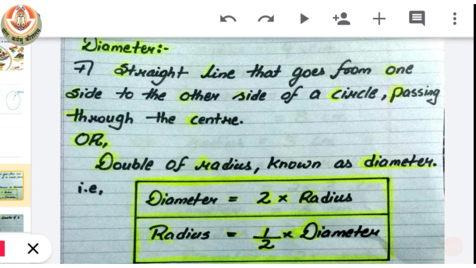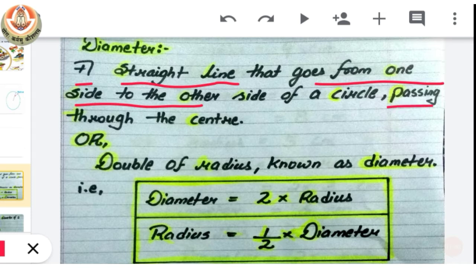You can see here that diameter is a straight line that goes from one side of the circle to the other side of a circle, and the condition is it should pass through the center of that circle.